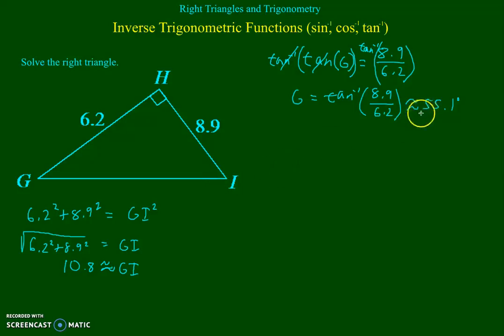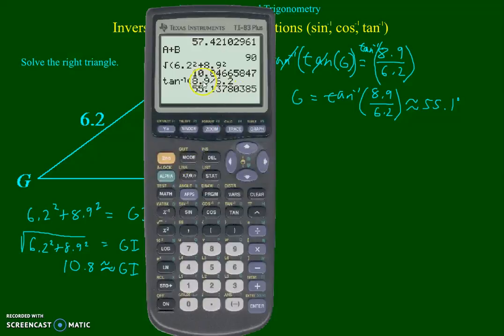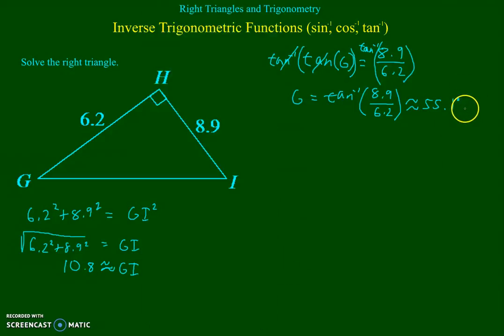You would just take this value and store it, because remember that this is an approximation. If you just lop off all these decimals and use 55.1, your answer is not going to be correct. So in this case I'm going to store it to A, and I'm going to record that I stored that in A.